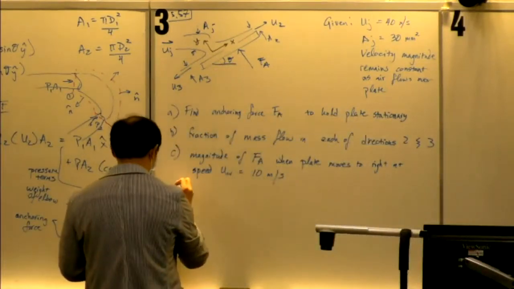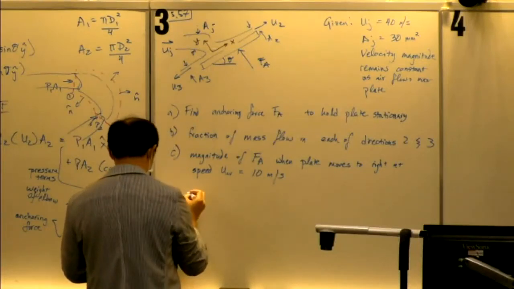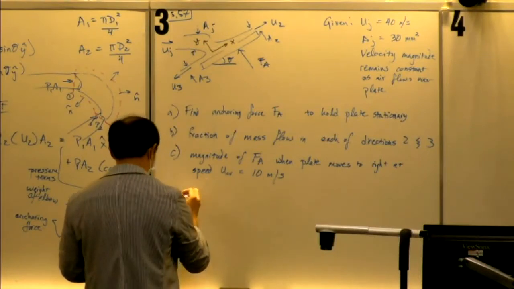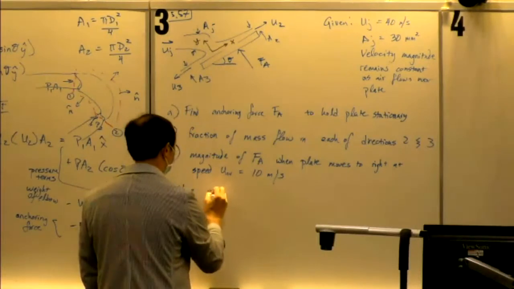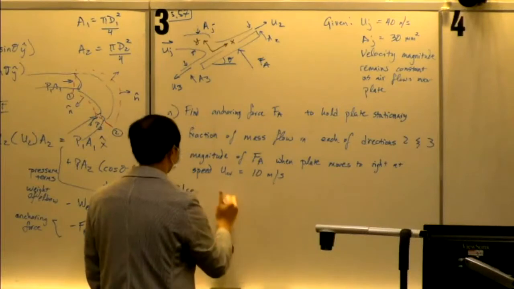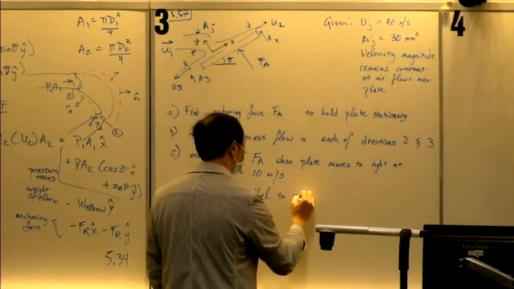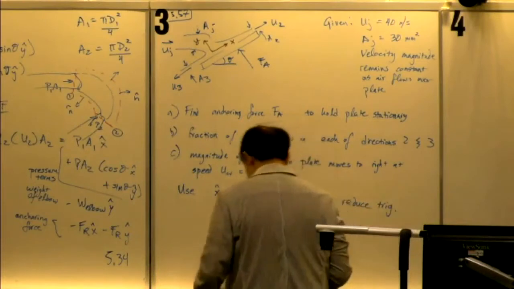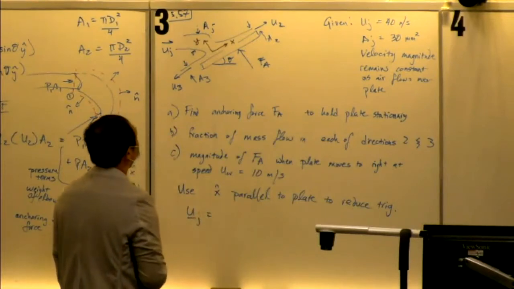All right, so conservation in this case. Let's define the variables first. So with that coordinate system, use x, y. Use x hat parallel to the plate to reduce trig. All right, and with that definition, we have our variables.